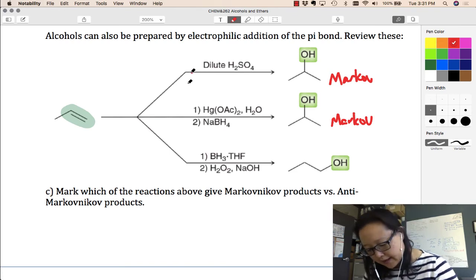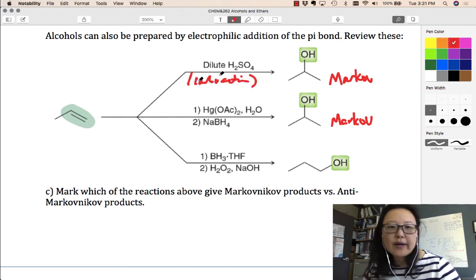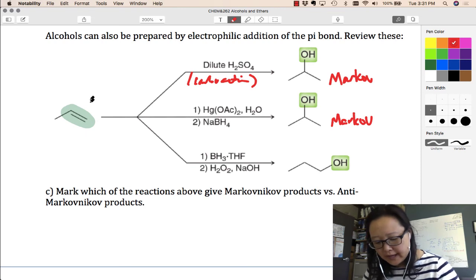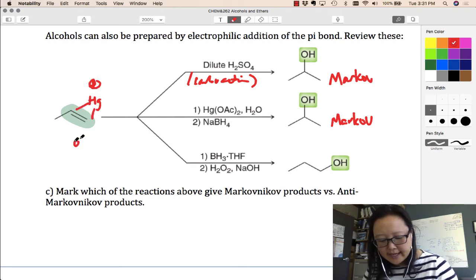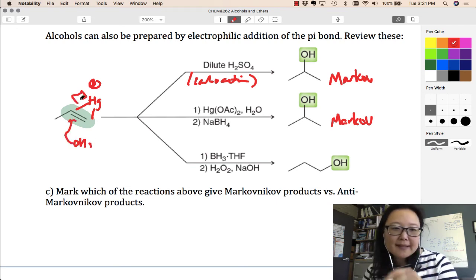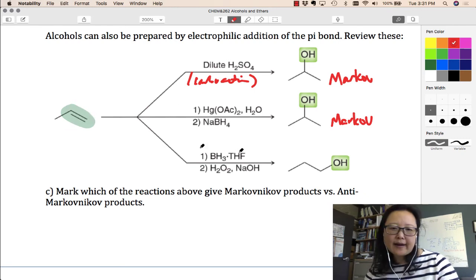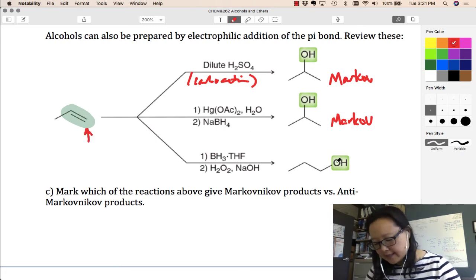So this is through a carbocation intermediate, whereas this reagent goes through a cyclic mercurium ion, so then your water attacks Markovnikov here to open that up, and then the second step is to get rid of the mercury with NaBH4.